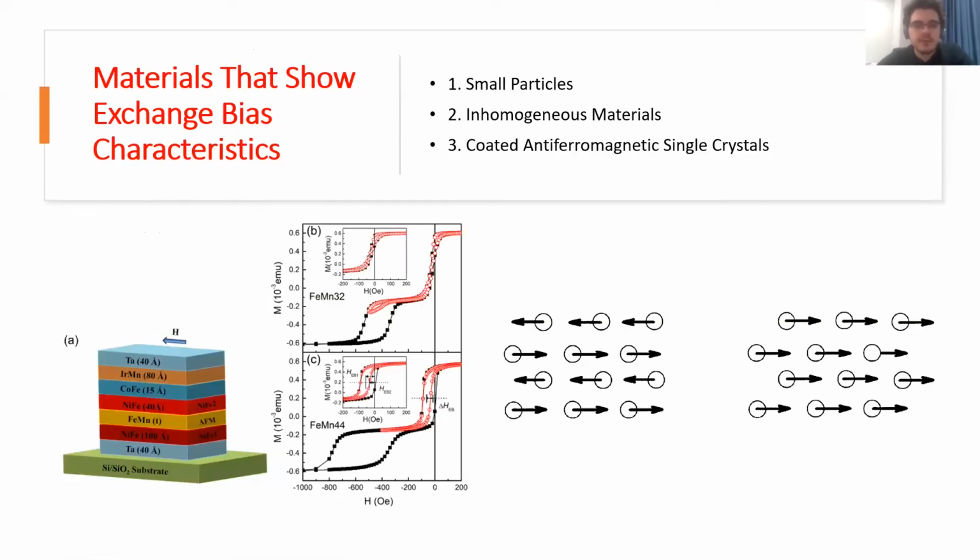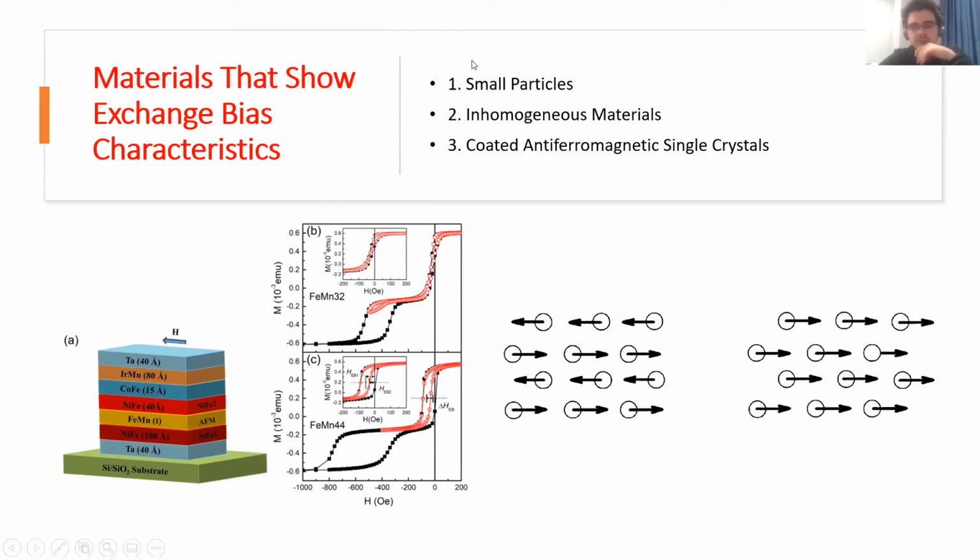Now I will talk about the materials that show exchange bias characteristics. Small particles are where exchange bias was first observed. But these particles are relatively difficult to use to study exchange bias because they are really dependent on the growth characteristics, and they easily lose their characteristic behavior depending on oxidation state or grain formation inside them.